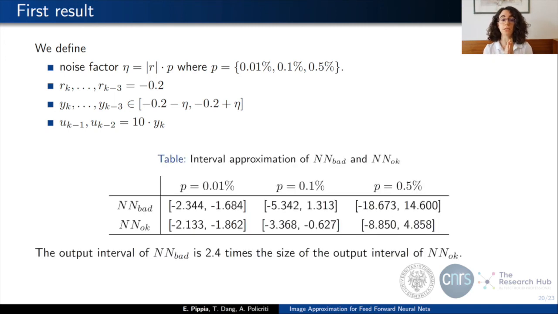And we obtain these intervals depending on the percentage that we allowed. And we can see that the approximate interval for the neural network bad is 2.4 times larger than the approximate interval for the neural network OK. And this is coherent with the behavior that we saw before. So this algorithm is really fast and can actually give an indication for the verification analysis.